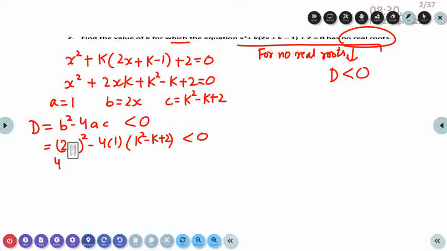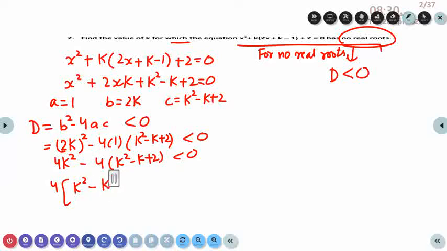Now we can take 4 common. So on taking 4 common, it will be 4 bracket k square minus k square plus k minus 2. So k square and k square will cancel out. So this will be 4 in brackets k minus 2. This is B square minus 4AC.